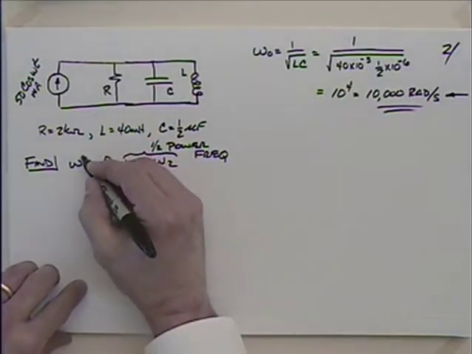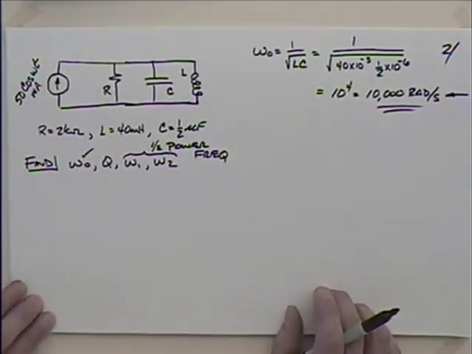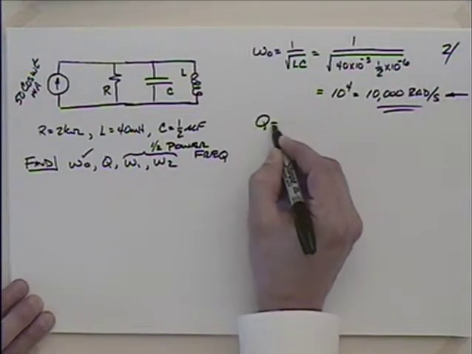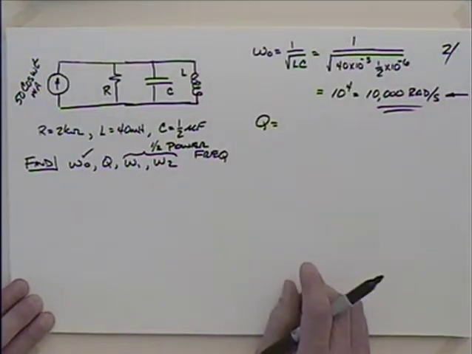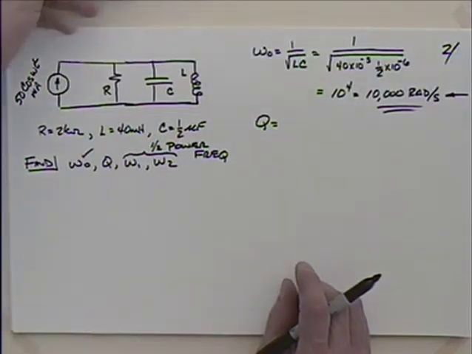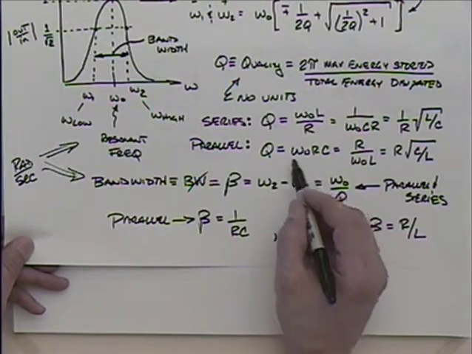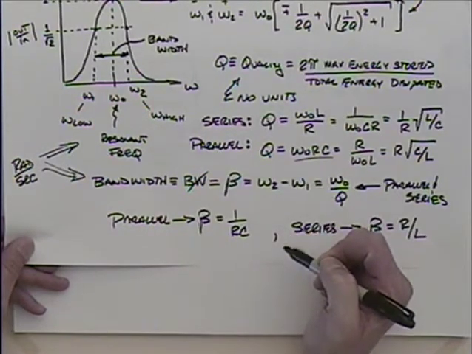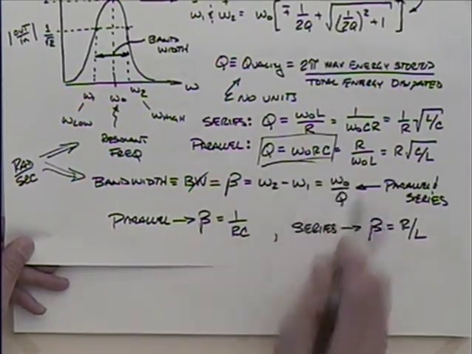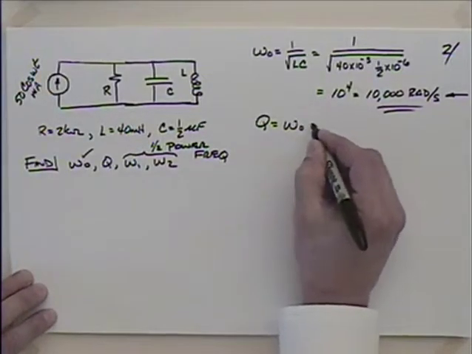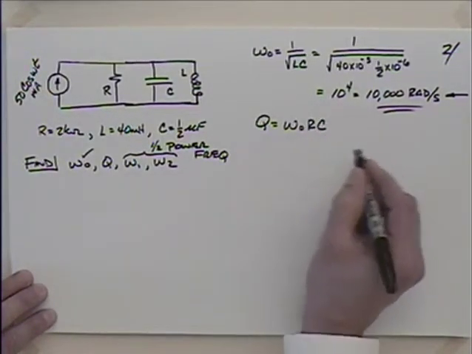So we've got omega naught. What's the next one? Q. Do we have an expression for Q? Let's see. We could say that with parallel it's omega naught RC. How about that one? Seems as good as any. So let's give that a try. Omega naught RC.